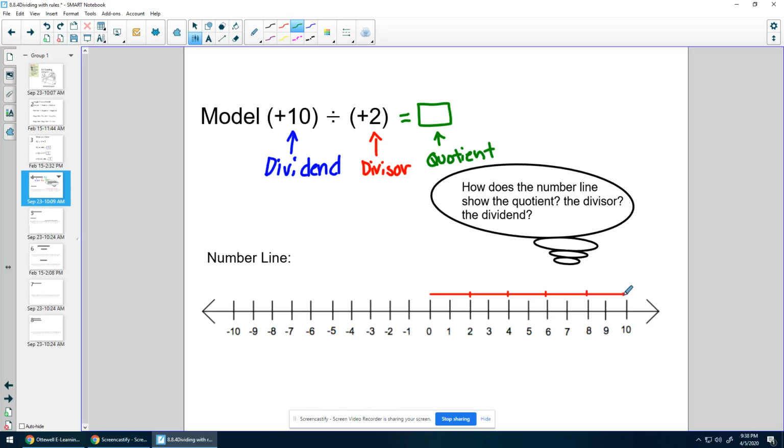And since we are dividing by a positive, our arrow is pointing towards the positive direction. And then ultimately we need to see what our quotient is. Well, that's shown right here, and I'll just draw that out. That's how many groups of positive 2 we have. 1, 2, 3, 4, 5. And it's positive because our arrow is going that way. So that is 5.